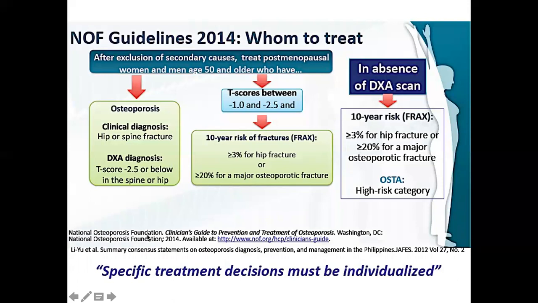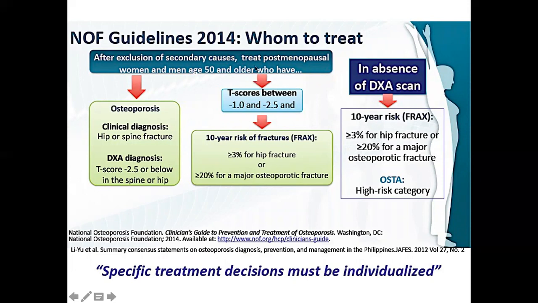So who to treat? If you have a patient that is clinically diagnosed with osteoporosis, let's say the T-score is less than -2.5, with or without a hip or spine fracture, then you treat.